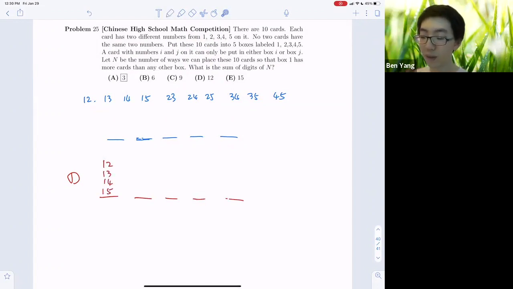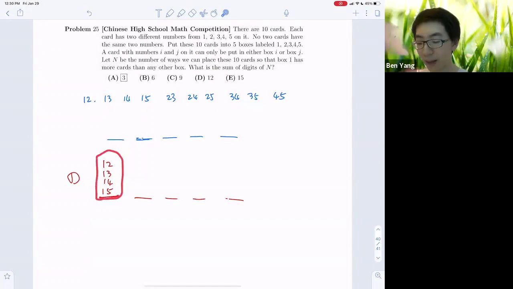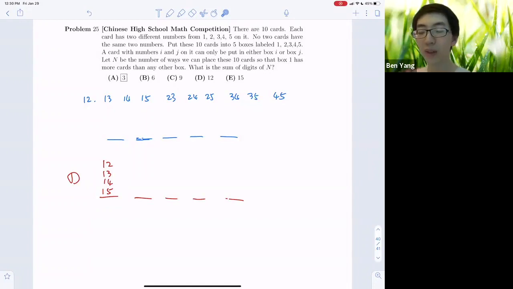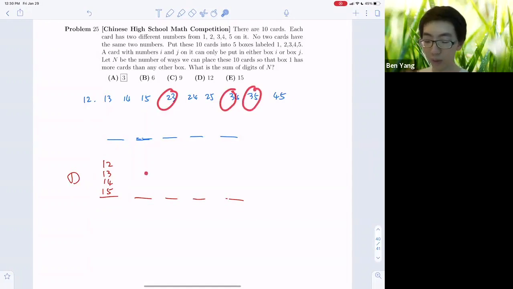Everything's there. Now there are 4 cards in box 1. And if you look at the other numbers, for example, number 2, we see that there are only 3 cards with number 2 on it left, which are 2,3; 2,4; and 2,5. So even if we put all of them in box 2, then our condition is still satisfied. Box 1 still has more cards than any other box.